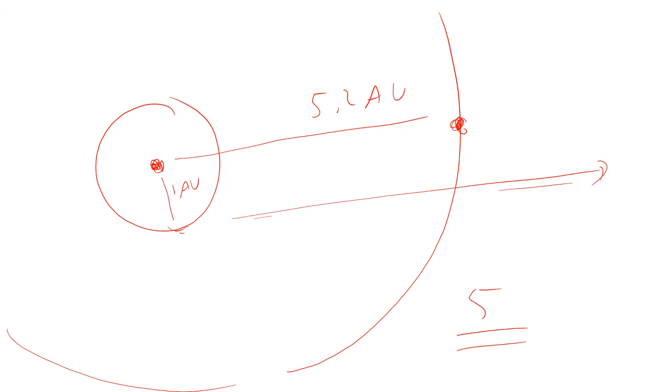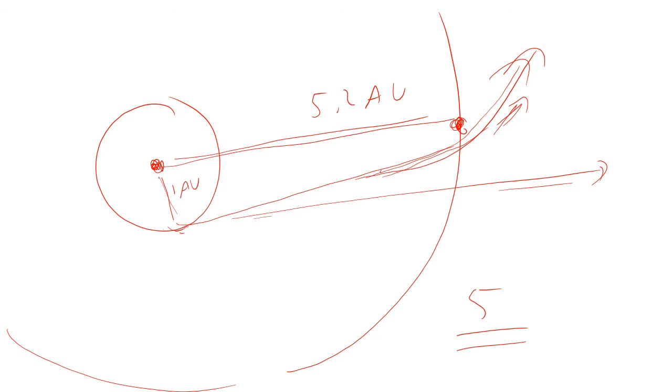And so what we do is we send it to Jupiter. Jupiter's gravity grabs it, pulls it in, but we aim it to miss Jupiter. So it misses Jupiter, but Jupiter's gravity still accelerated it. So now all we have to do is have Jupiter accelerate it to the point that at this point it's moving faster than the escape velocity from a distance of 5.2 AU.